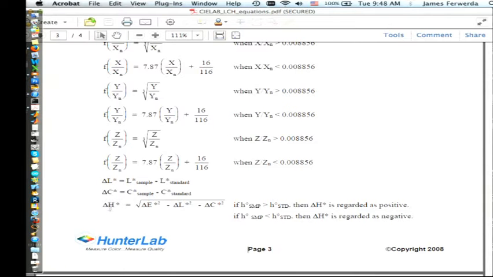So you have delta H, big H, is equal to the square root of delta E squared minus delta L squared minus delta C squared. And then there's this fine print which says if the hue angle of the sample is greater than the hue angle of the standard, then delta H is positive. If it's less, then delta H is negative, okay? So in your calculations, you want to make sure that you somehow adjust the sign of delta H so that it comes out according to these rules, okay?